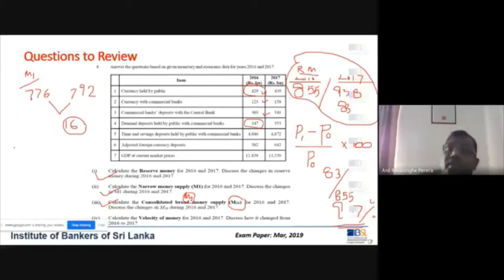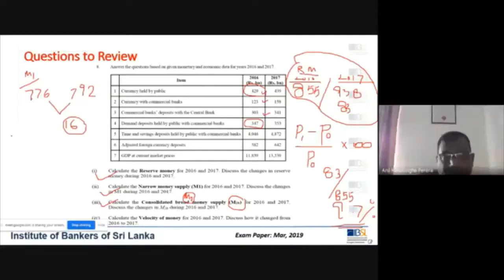Can somebody remember or recall the way of calculating M2B?